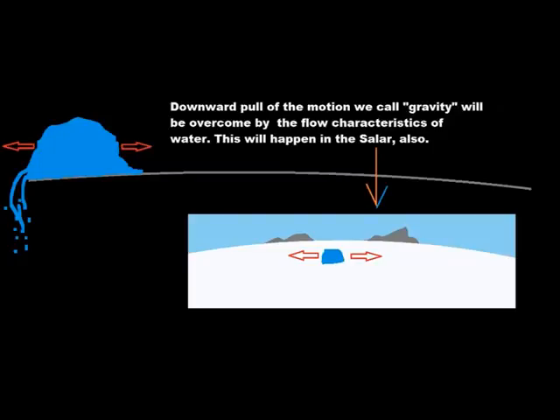So looking at the picture of the salar here again, I don't see how all of a sudden the situation is different. Yeah, we've got a larger distance, but who cares? In our thought experiment we allowed for a flat surface. We didn't even have the curve that the salar picture shows here. And we still know that the flow characteristics of water will be violated.